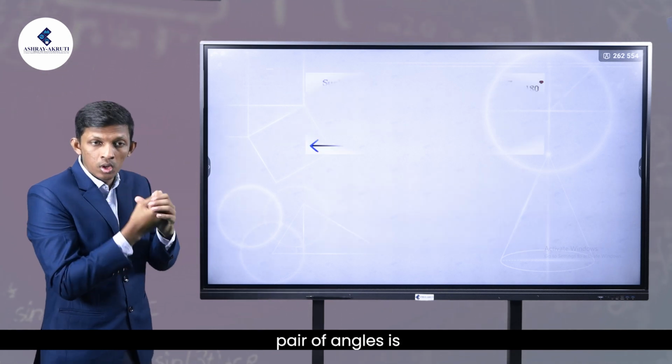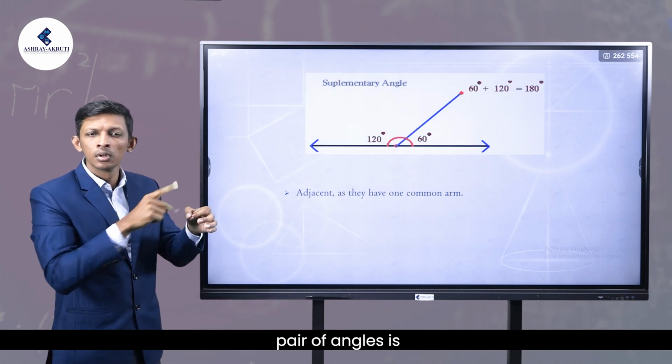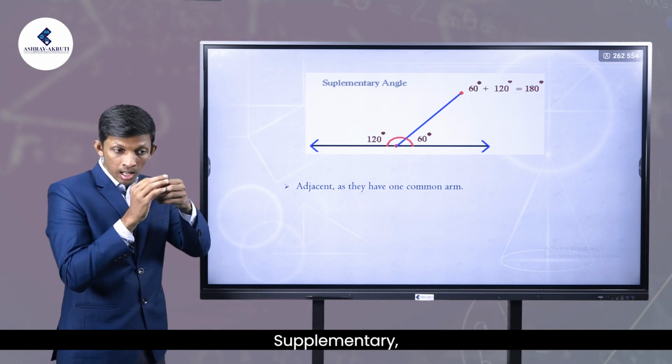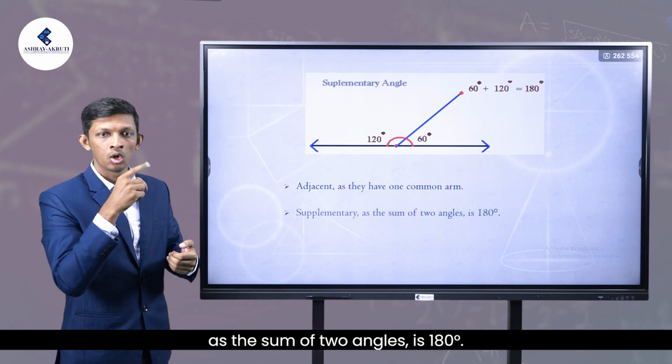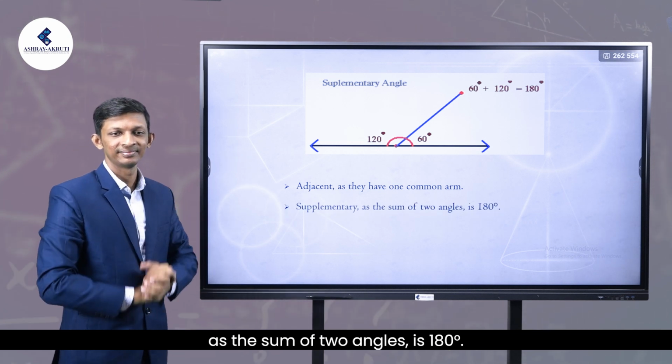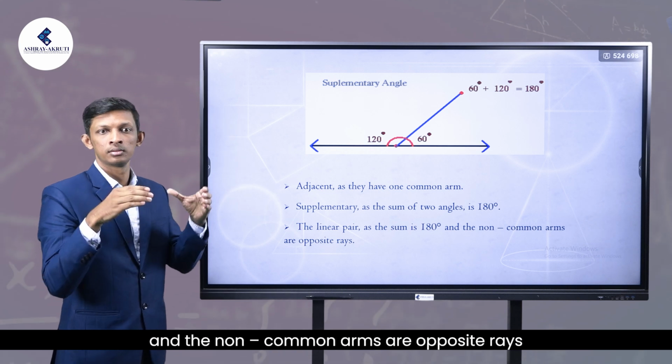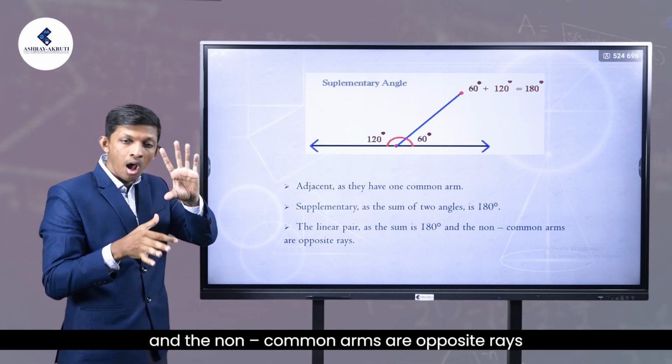The above pair of angles is adjacent as they have one common arm, supplementary as the sum of the two angles is 180 degrees, and a linear pair as the sum is 180 degrees and the non-common arms are opposite rays.